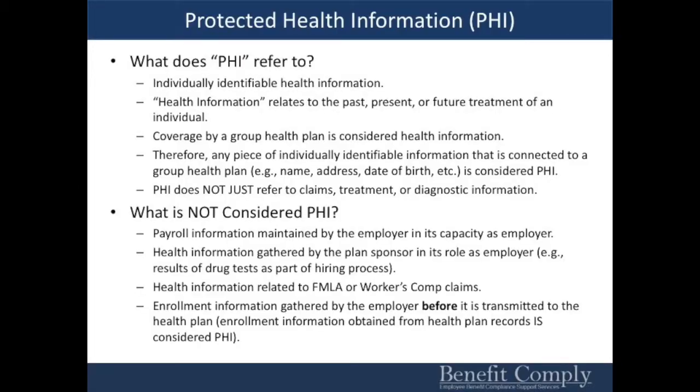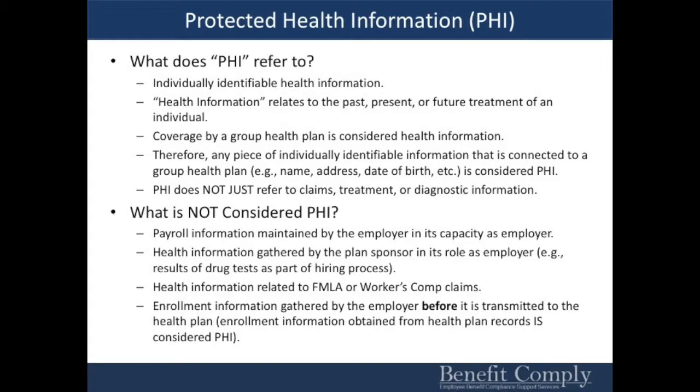Before we dive into privacy and security requirements in detail, I think it would be helpful to make sure we're clear about what we mean when we talk about PHI. First of all, PHI stands for Protected Health Information. It's a term specific to HIPAA.